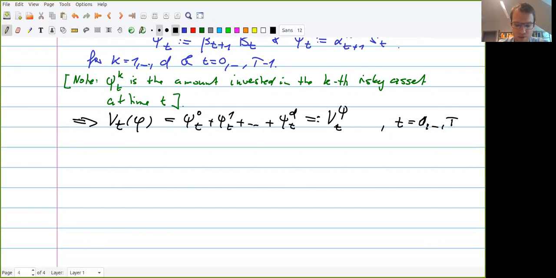Now let me also fix some useful notation. I haven't specified how my risk-free asset looks like. In principle, I introduced this little r_t, which depends on time. This is my interest rate over the t-th period, t to t plus 1 period.